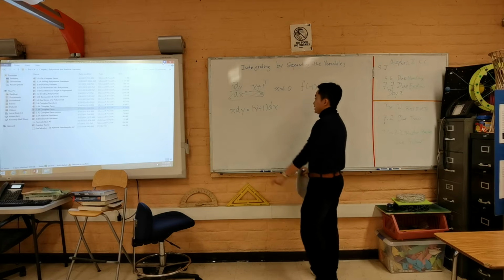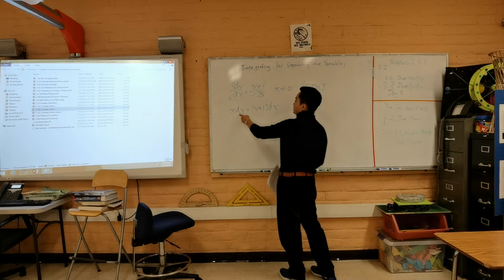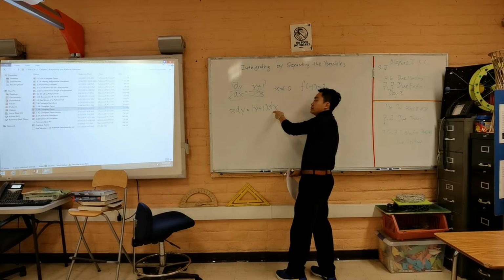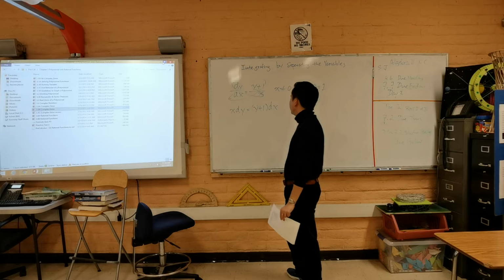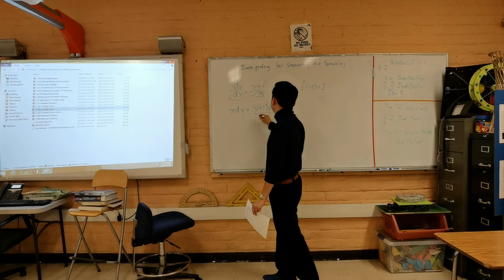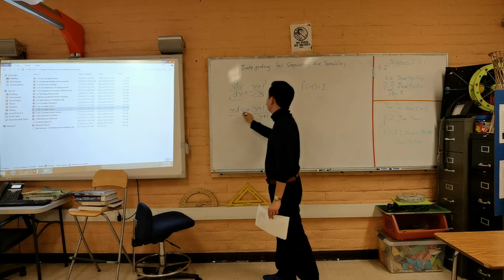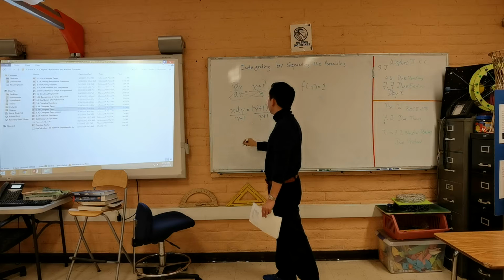You may notice that x cannot be related with dy, so we need to separate it out. We need to connect the x and dx together. The way to do that is to simply divide both sides by y plus 1, and at the same time divide by x.